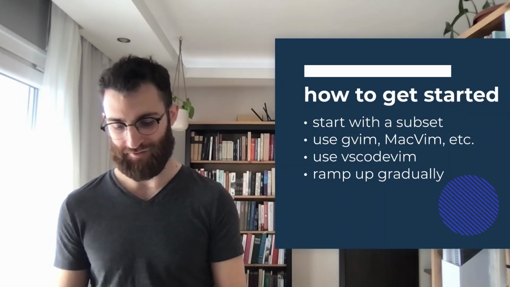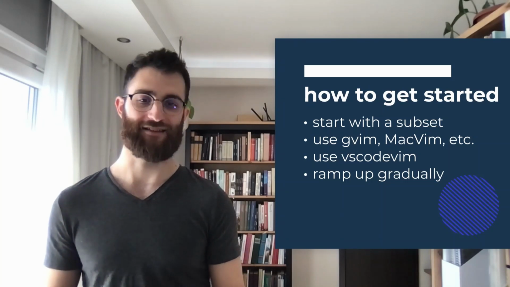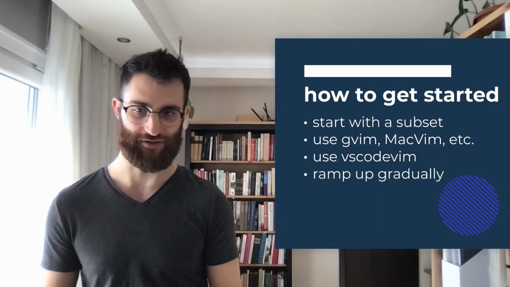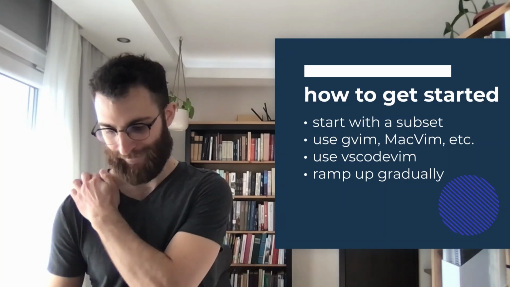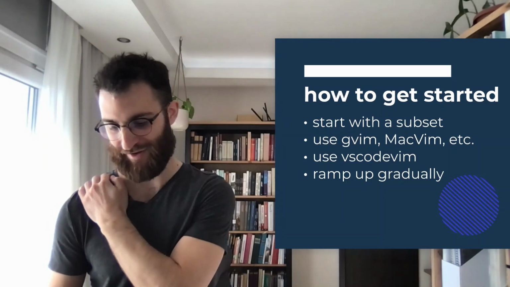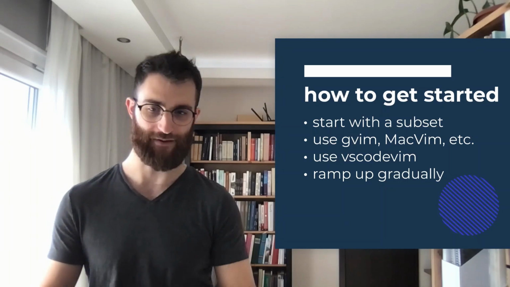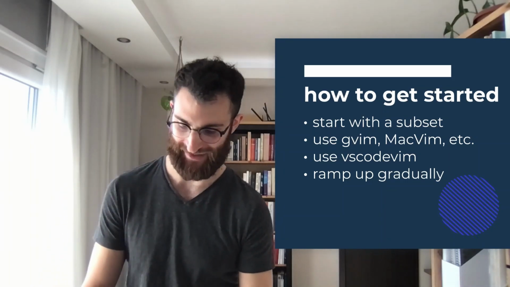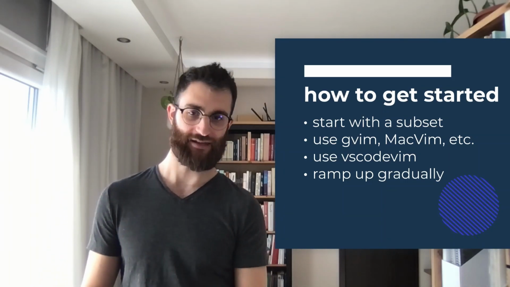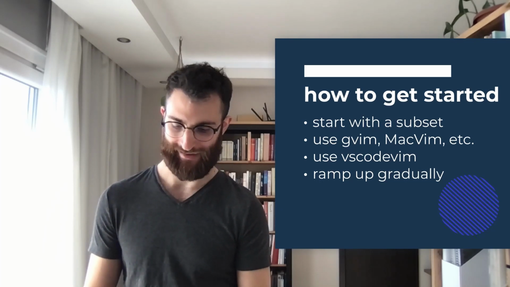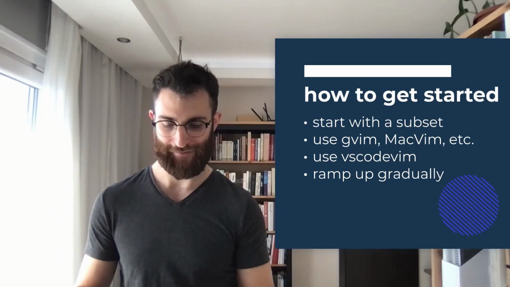But if you do edit a project and you work on code, I recommend that you use the VS Code Vim extension. And the way that I recommend you to get started, and the way that I was actually able to incorporate Vim into my daily work, is that every morning I would enable the Vim extension and start working using it.